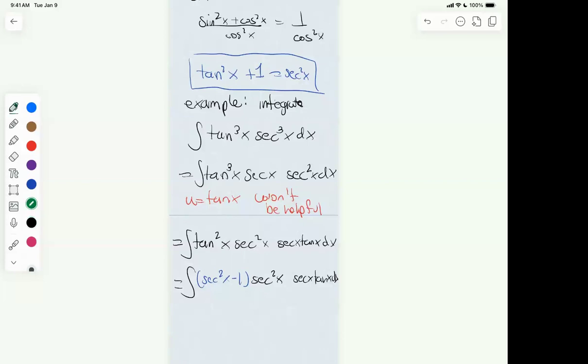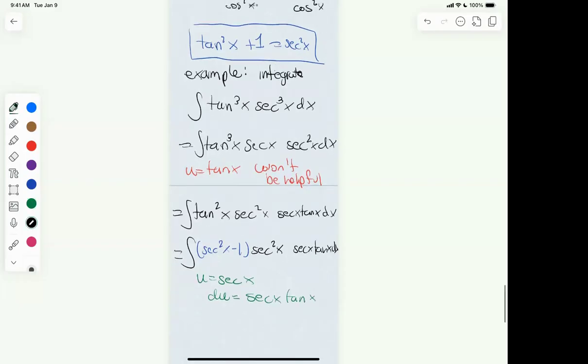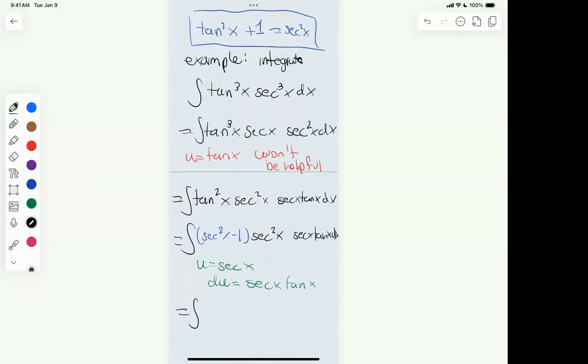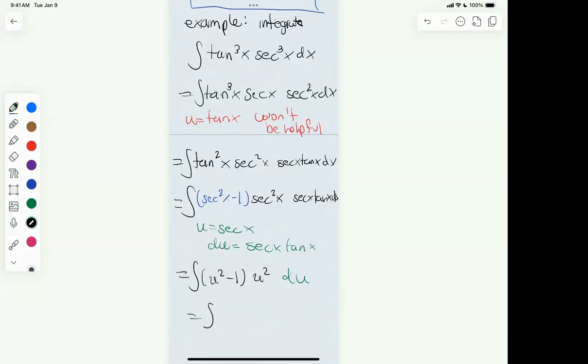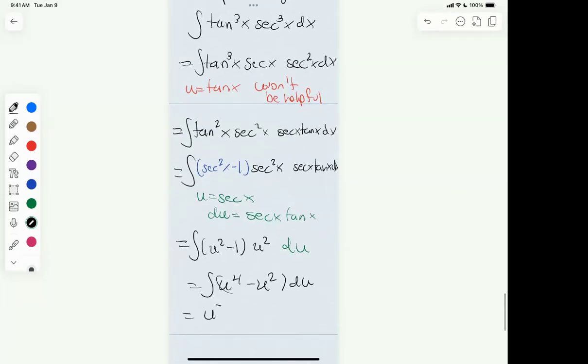So if you make here u equals secant, du is secant times tangent, so perfect, because then this would become u squared minus one times u squared times du. To integrate that, that's just u to the 4 minus u squared times du, and this is u to the 5 over 5 minus u cubed over 3 plus a constant.